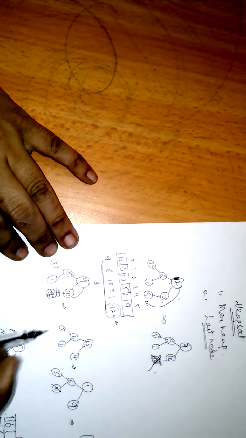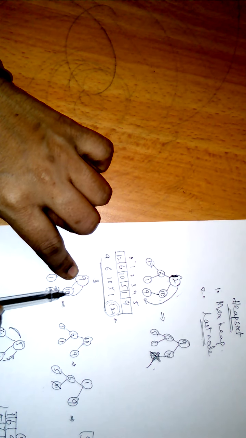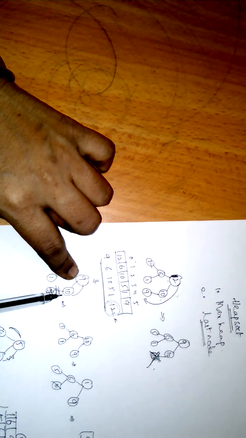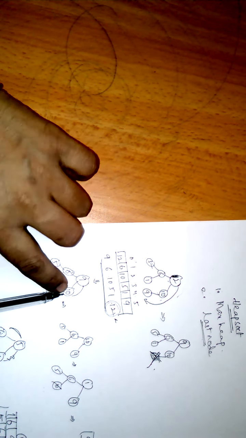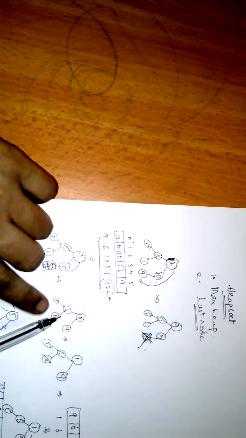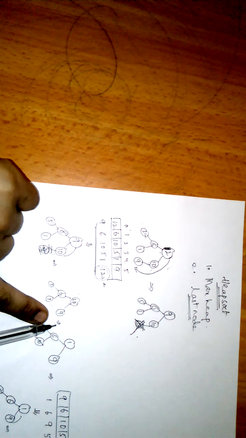Now compare the last element with the root. What is the maximum element now? 10. Compare with the root. So here what we have to do first? Make a swap. Now 9 is here and 10 is here. After this, what we have to do?